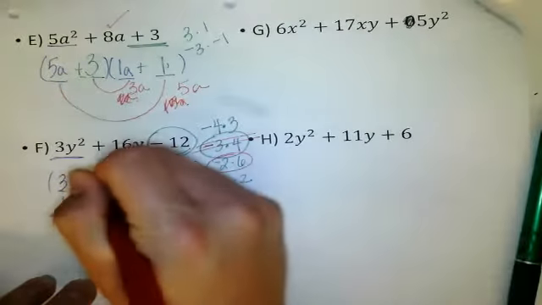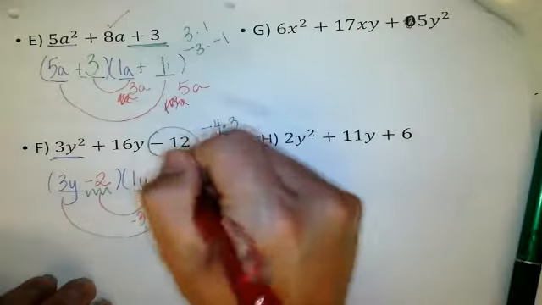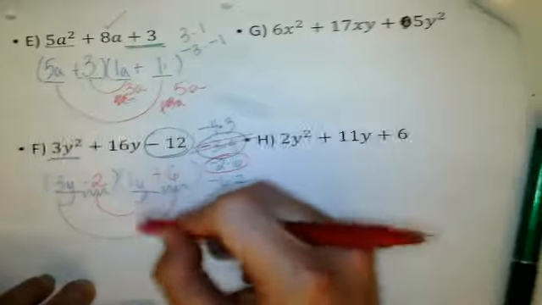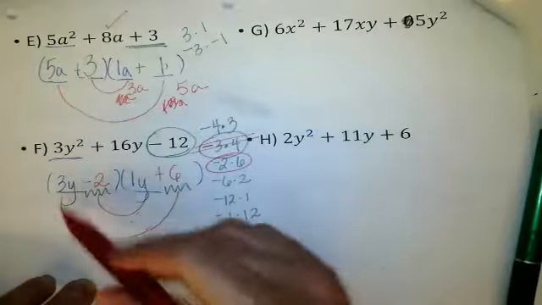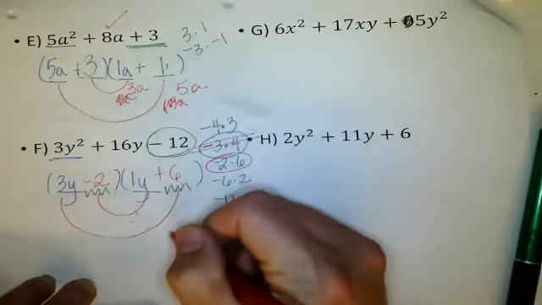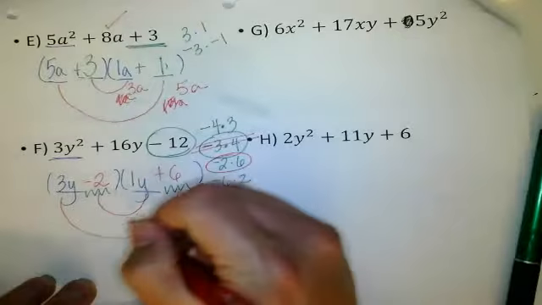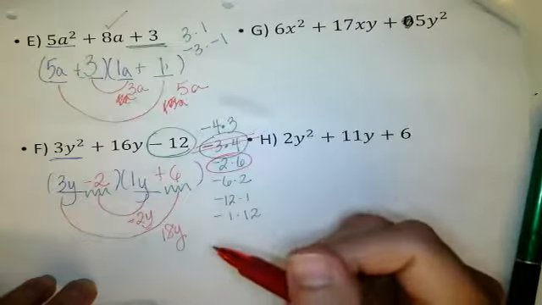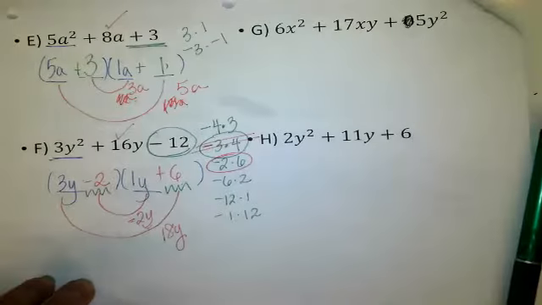So if I plug in my -2 and my +6, all right, I multiply, check the rainbow. What do we get for 3y times 6? 18y. -2 times y? -2y. Does it work? Yes, it did.